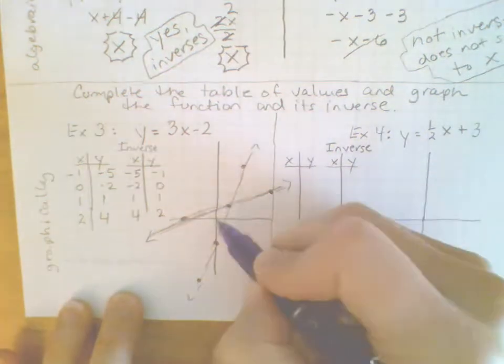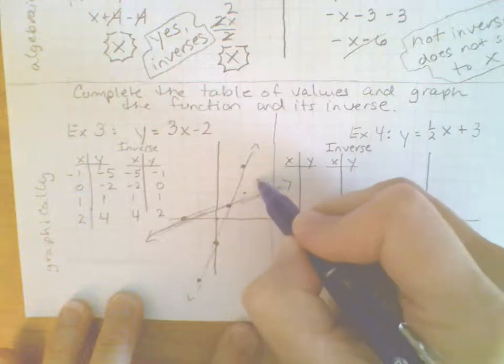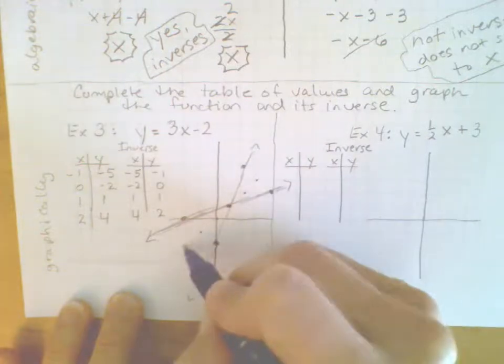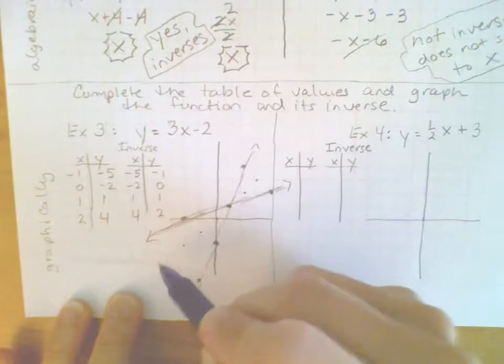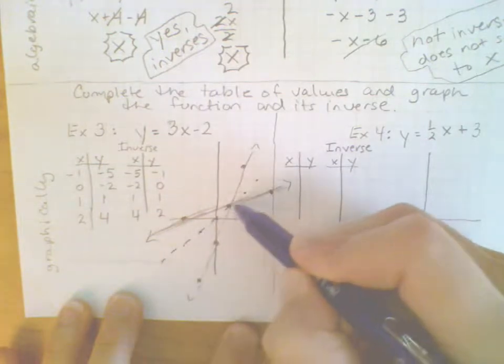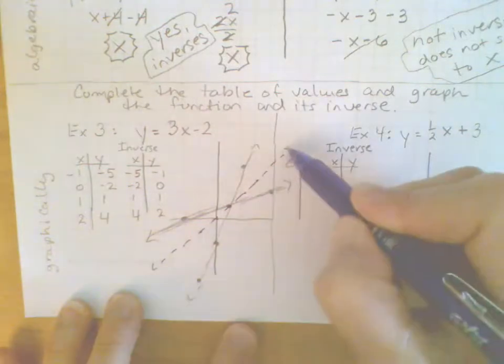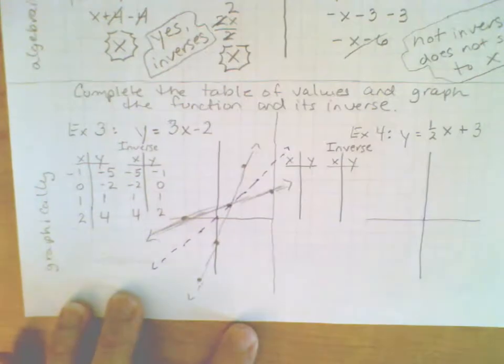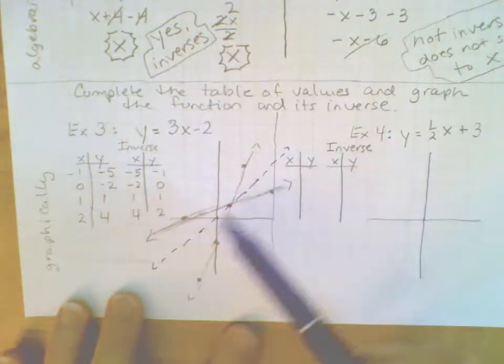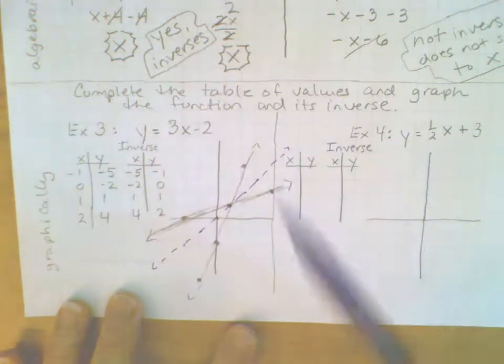So the line y equals x just goes up like this. I'm going to use a dashed line to show it. And you can tell that kind of splits those two lines into its symmetry.